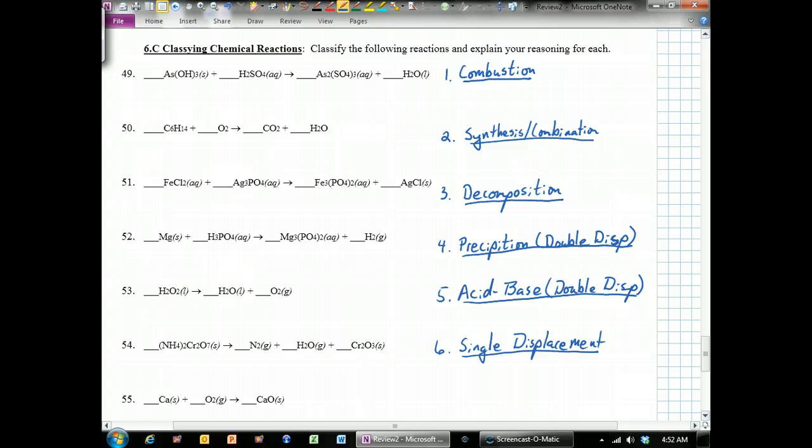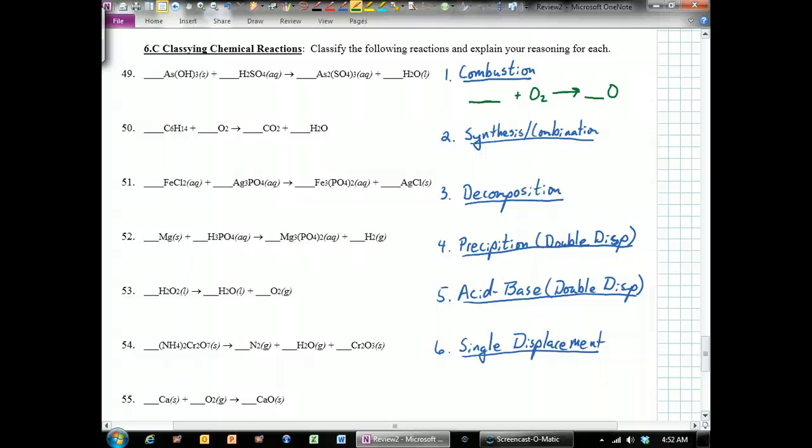The way you identify combustion reactions is that you have a reactant that is combining or reacting with oxygen. O2 will always be on the reactant side, and you will make something that combines with oxygen, sometimes more than one thing that combines with oxygen, but they will both end up combining with oxygen.